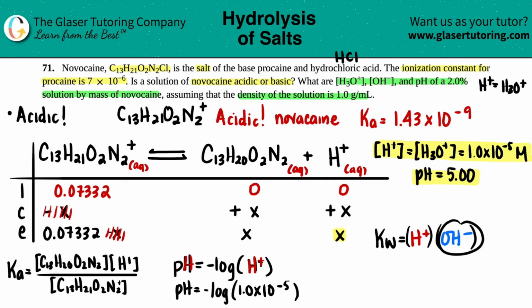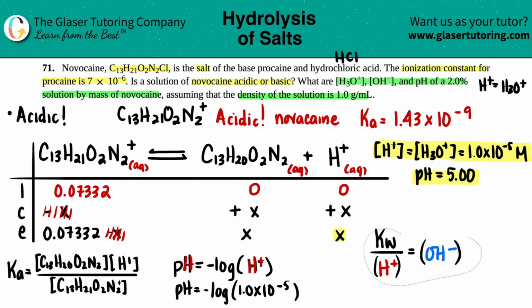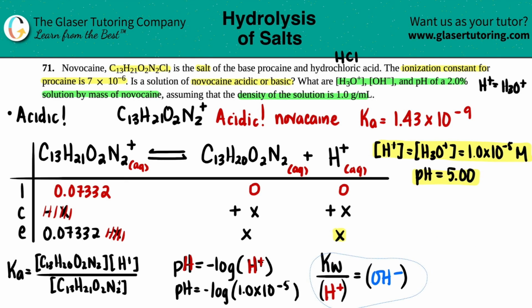So if we want to solve for OH minus, all we would have to do is just divide by the H plus on both sides. So I'll just show that real quick. So this is coming down. And then we have a nice little formula here to figure out for the OH minus.